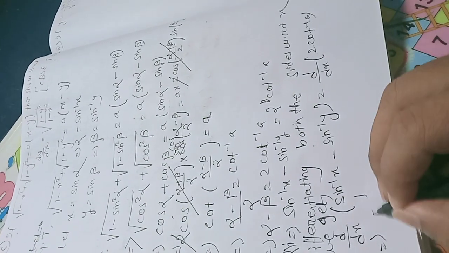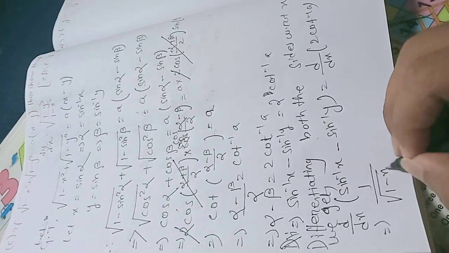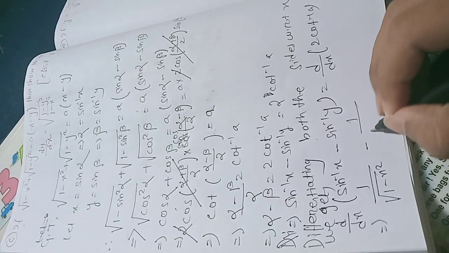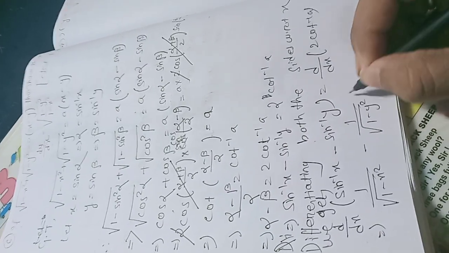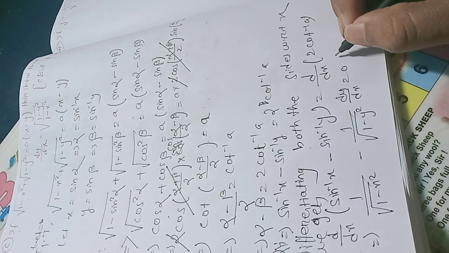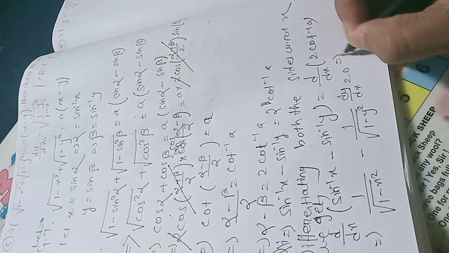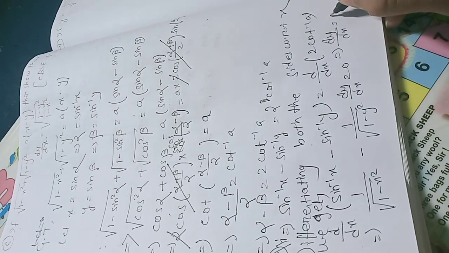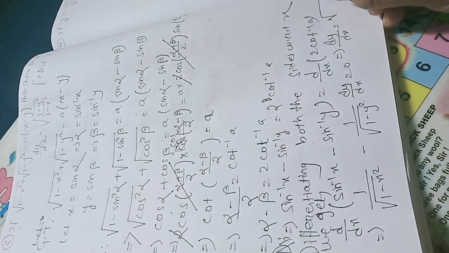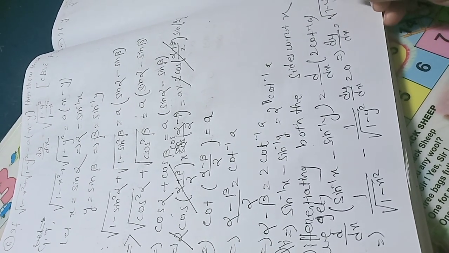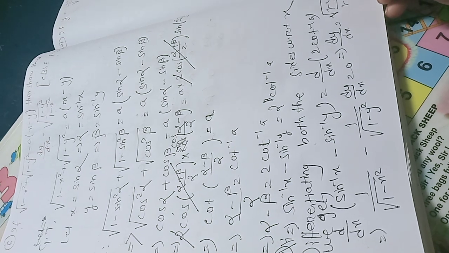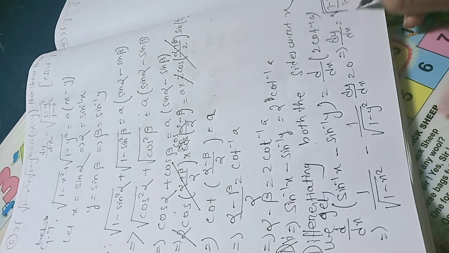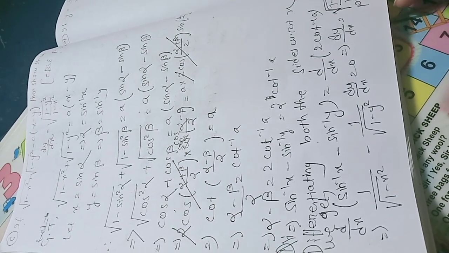Derivative of sin inverse: 1 by root 1 minus x square minus 1 by root 1 minus y square dy upon dx is equal to 0. Here dy upon dx is equal to root 1 minus y square divided by 1 minus x square. Proved. Okay.